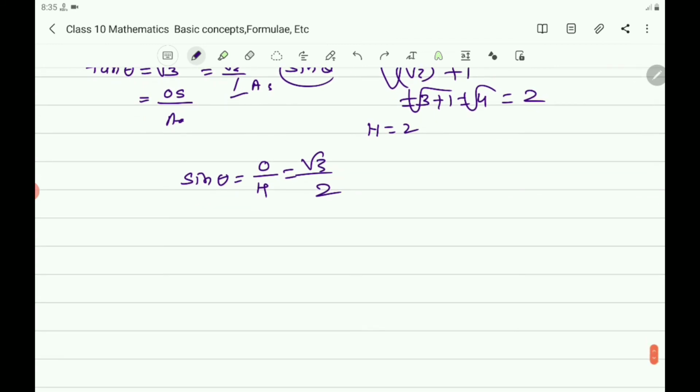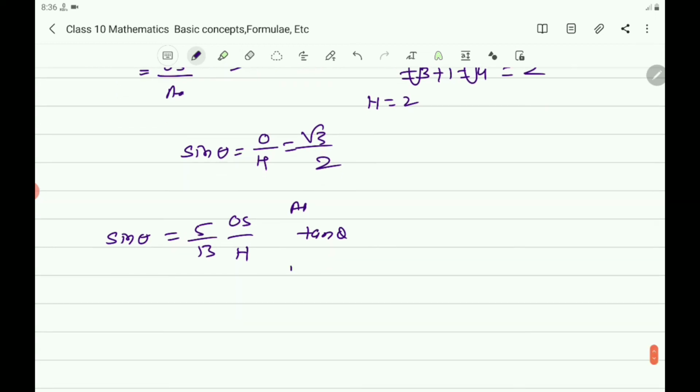Similarly, if sin theta equals 5 by 13, then what is the value of tan theta? You know that this is opposite side, this is the hypotenuse, and you know the adjacent side. As opposite side is there, hypotenuse is there, that becomes square root of 13 square minus 5 square.